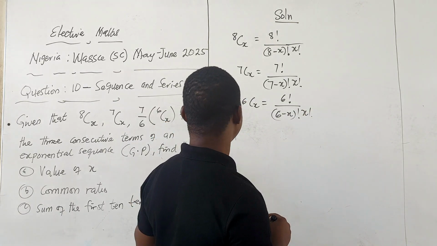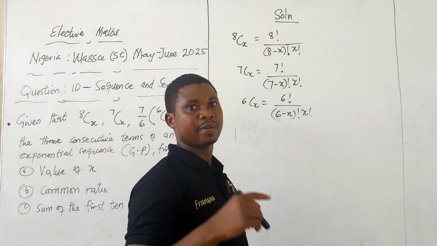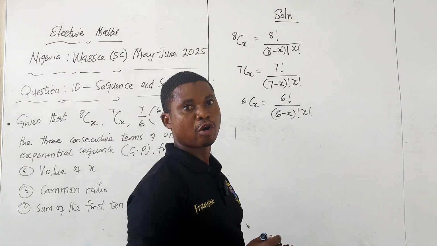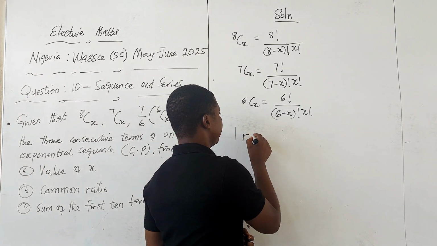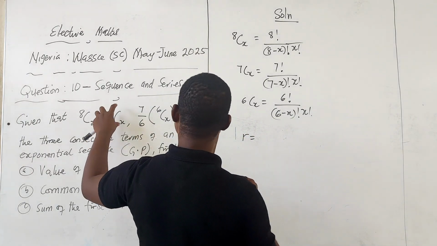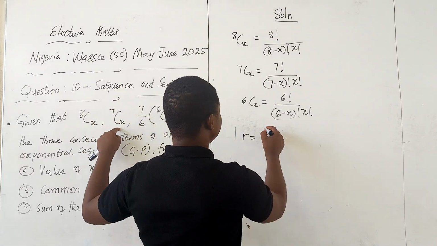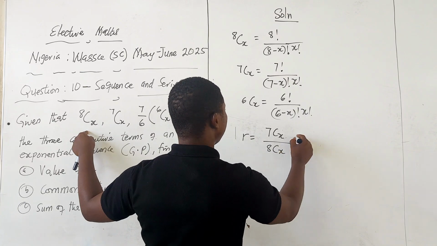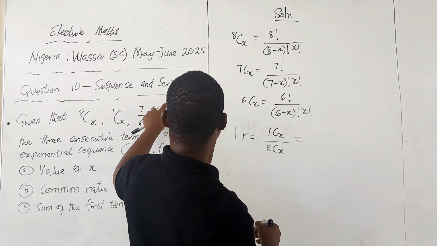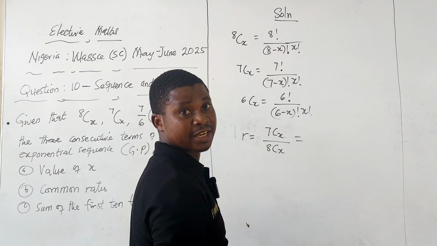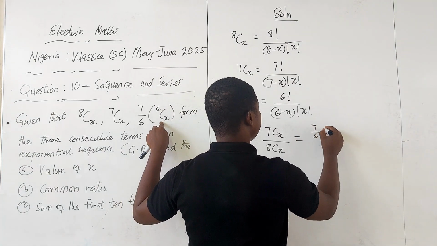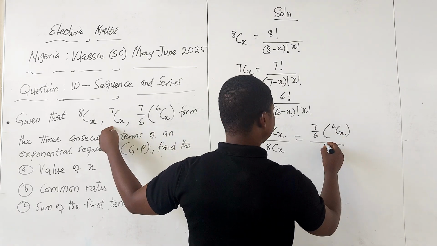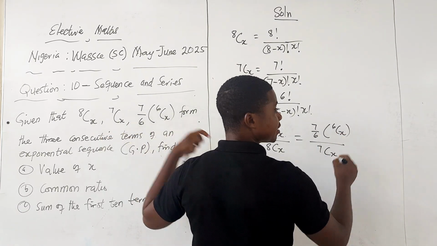Now, we are talking about an exponential sequence, so we are going to deal with the common ratio R. We have 7 combination x divided by 8 combination x, which should be the same as the third term over the second term, which is 7 over 6 into bracket 6 combination x, all over 7 combination x.